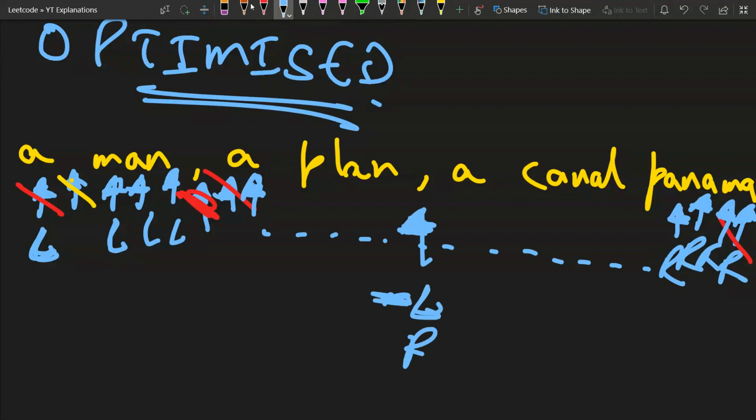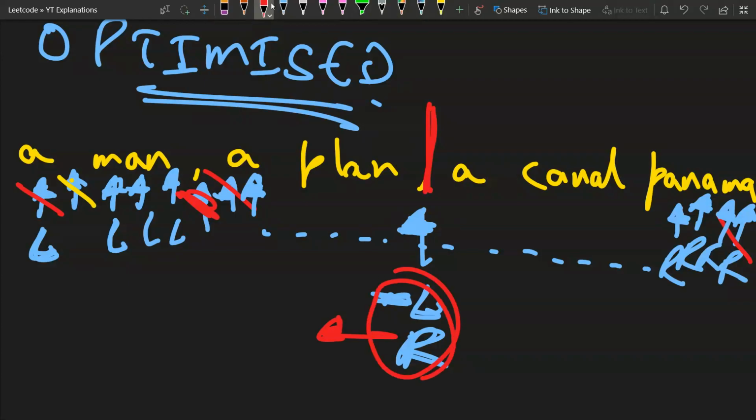At the midpoint, L and R both end up in the same place. I'm not sure if this is the exact middle, but you can consider it that way, somewhere at this comma. Now in the next iteration, R goes here and crosses paths with L, and goes to the first half of the string.